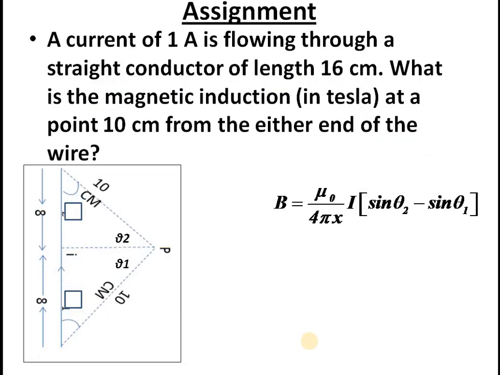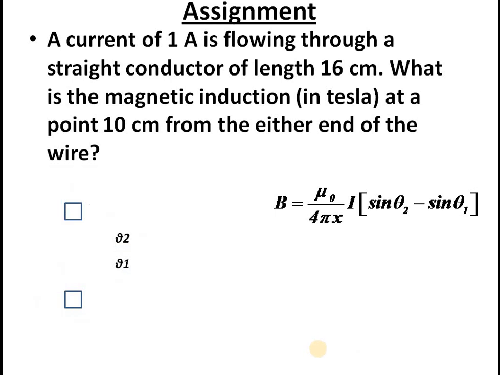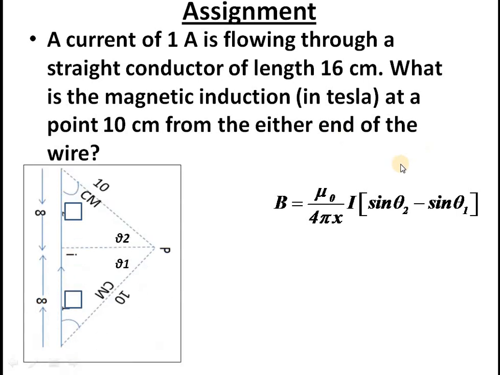Now we come to the assignment. A current of 1 ampere is flowing through a straight conductor of length 16 centimeter. What is the magnetic induction at a point 10 centimeter from either end of the wire? We have the wire like this, the total length is given, and you are asked to find the magnetic field at this point.